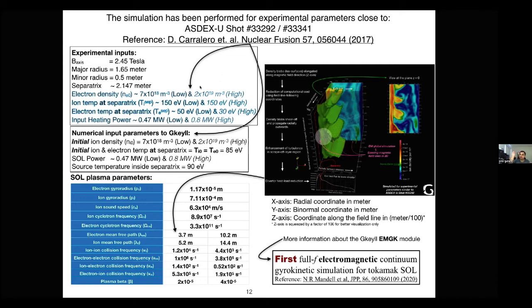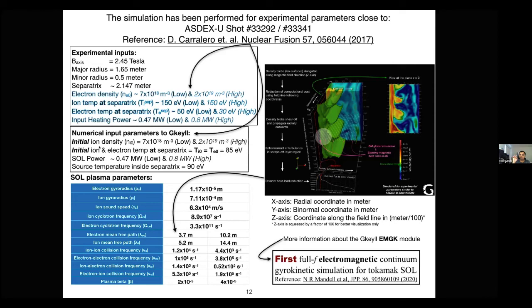We take exact numbers from the experiment: for example the magnetic field strength, the major radius of this torus, the minor radius, the location where the plasma is coming out of the closed field lines, the density of electrons, all the temperatures, etc. We feed it in our code, and there are not many tuning parameters. It's just the numbers that we take from the experiments.